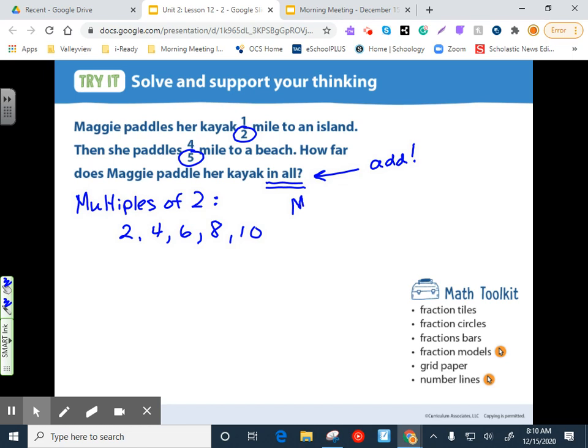And then multiples of 5. You've got 5 and 10, and I can stop right there because, again, using your multiples of the denominators, you want to find the number that is the same for both. And we usually go for the smallest one. That means our math will be fairly easy. So we're going to decide on 10.